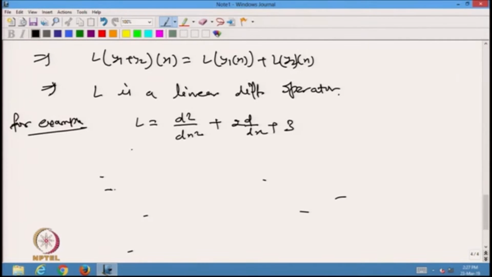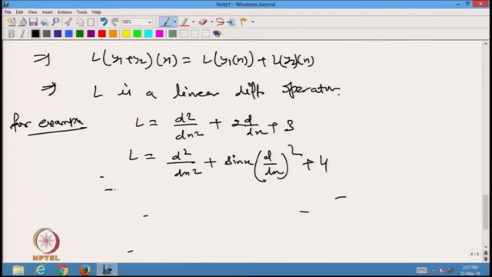Another one, I take d square over dx square plus (sin x d over dx) whole square plus 4.